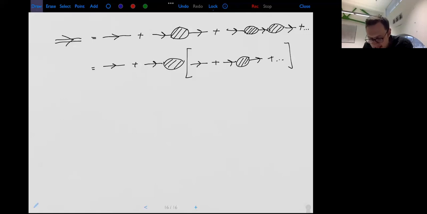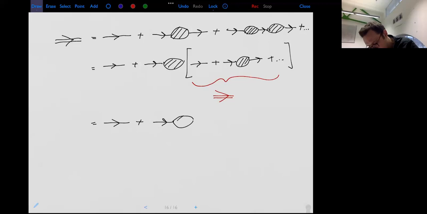And when I look at what's inside this bracket, this is, of course, nothing but the interacting Green's function itself, right? So the equation that we have derived now is the following. Right? And this is the famous Dyson equation for the interacting Green's function.